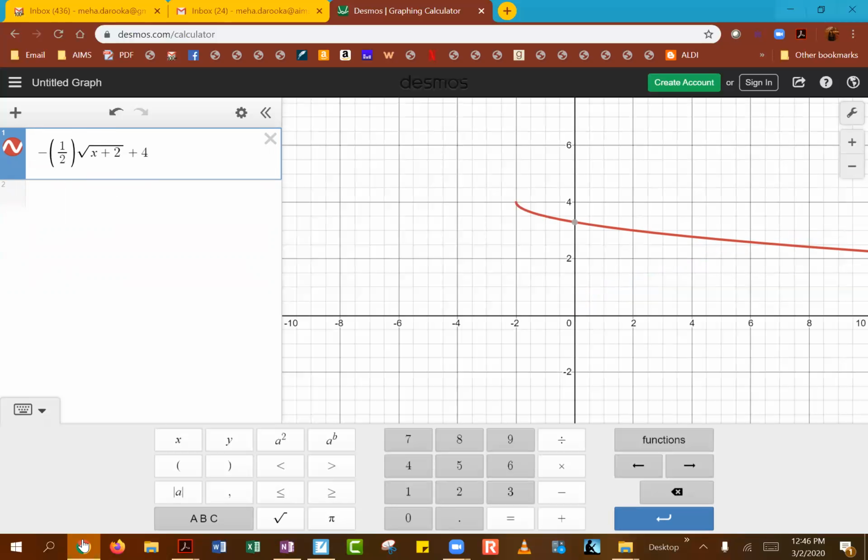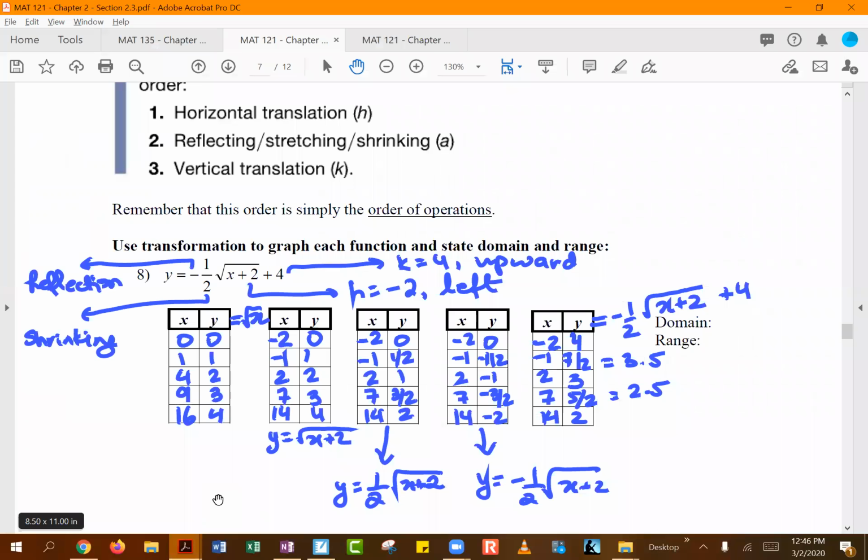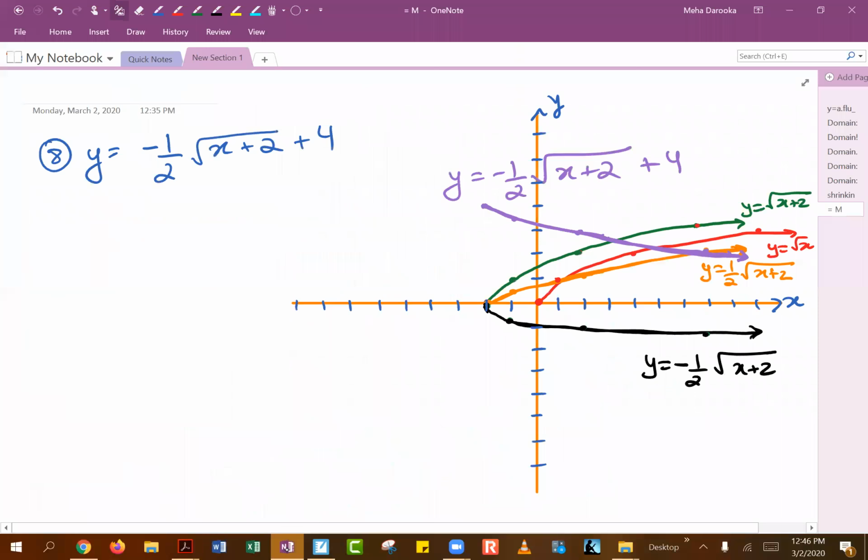Think about it and tell me what your domain and range are going to be for the final function. And you actually have room here, which is kind of hidden in this jumbled mess, for domain and range right here. So that's going to be our final function, which is in purple.